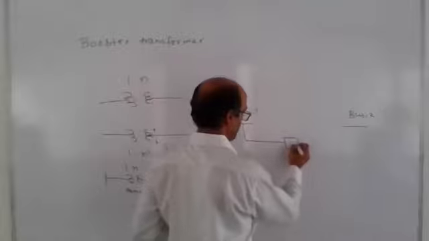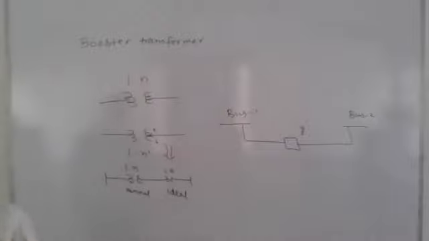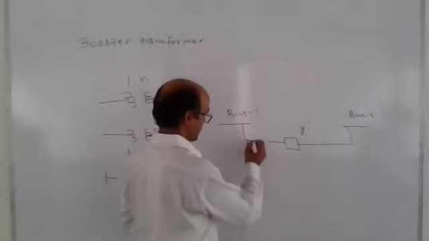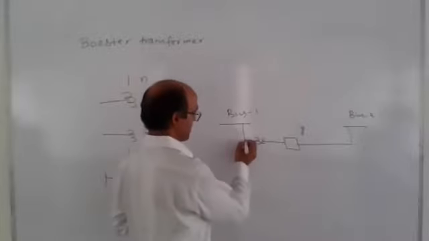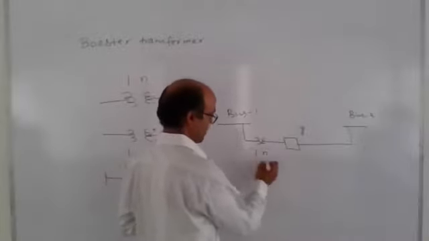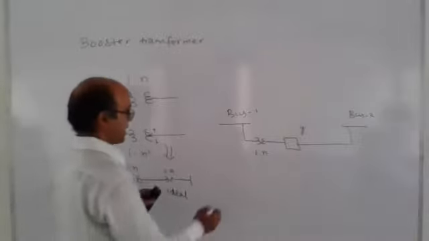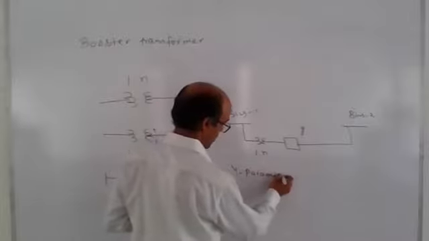If I have an admittance y, and in between I have one transformer here, then how to find the y parameters and its turn ratio 1:n? So how do I find the y parameters or the Y-bus matrix?